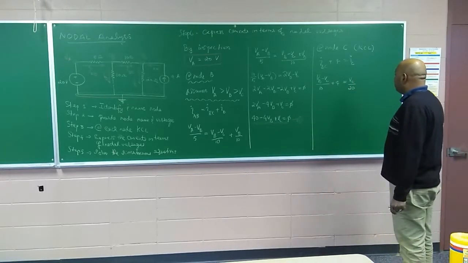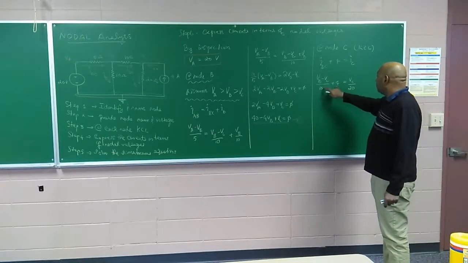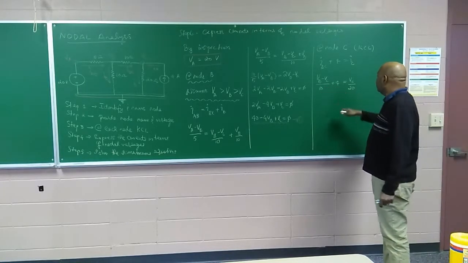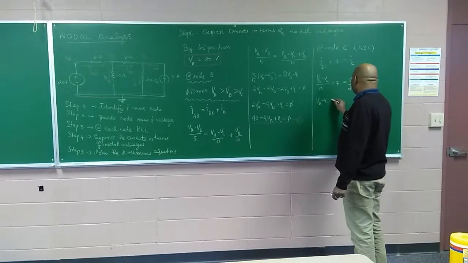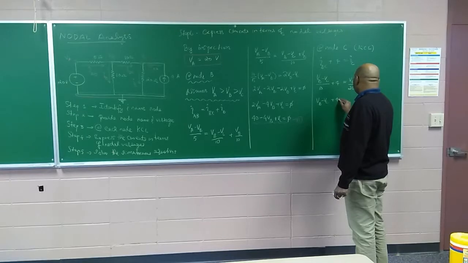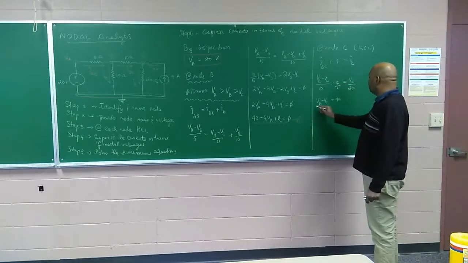So if I do my algebra, and I'm going to take a common denominator of 10, that will give me VB minus VC plus 40, because this is 4 divided by 1.